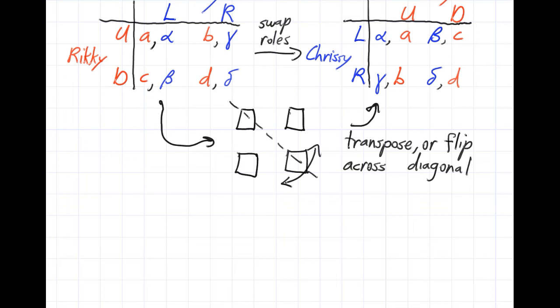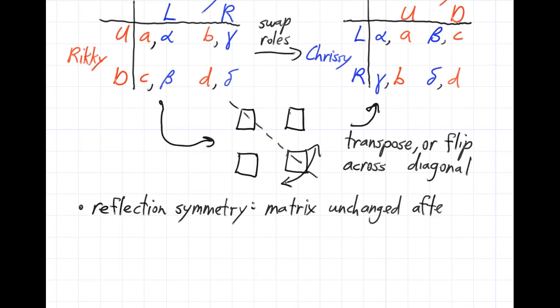So in a symmetric game, we have reflection symmetry or mirror symmetry, which means that the payoff matrix is unchanged after the flip, which means that this payoff matrix must be the same as this payoff matrix. And all of the corresponding elements must be the same.